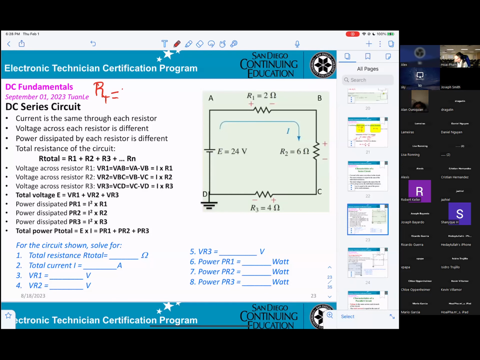So the total resistance, you can add up to 12. Correct? 2 plus 6 plus 4. Let's see, 2 plus 6 is 8, plus 4 is 12. So now you can get a new circuit.